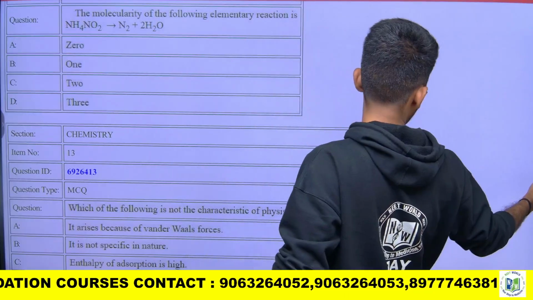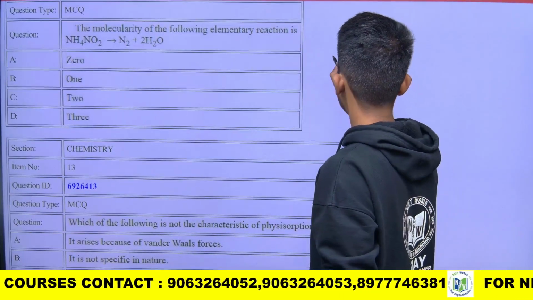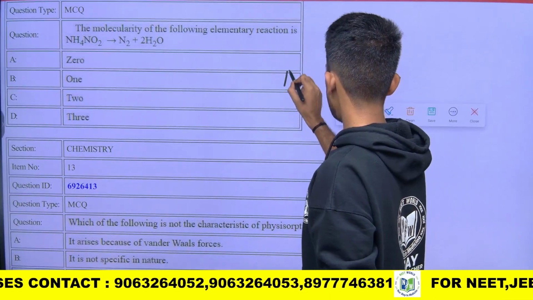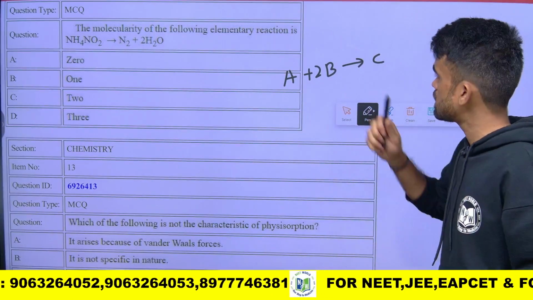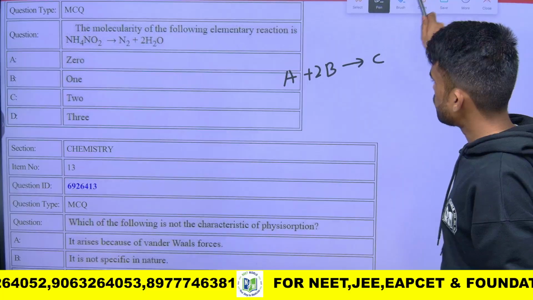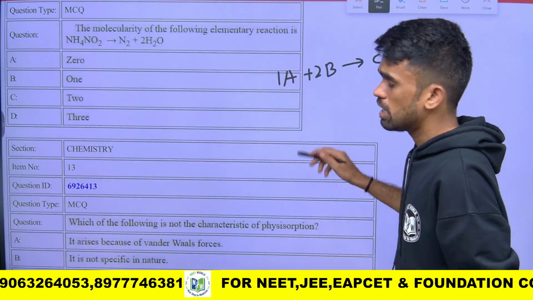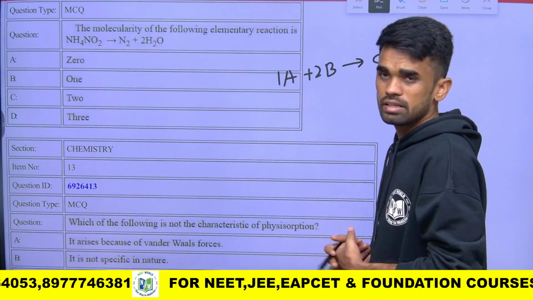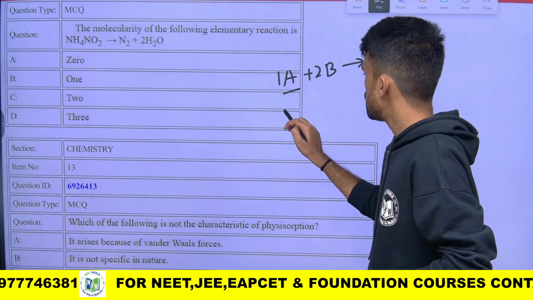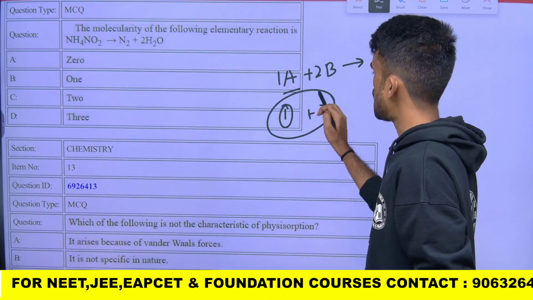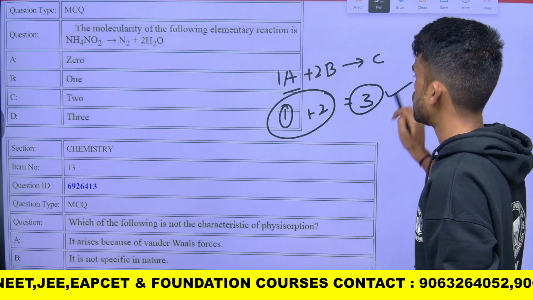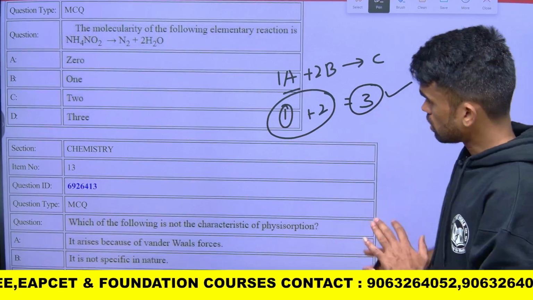Let us say I am writing A plus 2B giving rise to C. If this is an elementary reaction, the coefficients mentioned here will be the orders in the reaction. So what is the order of A? 1. What is the order with respect to B? It is 2. What is the total order? It is 3. So like this you need to answer while solving the questions.